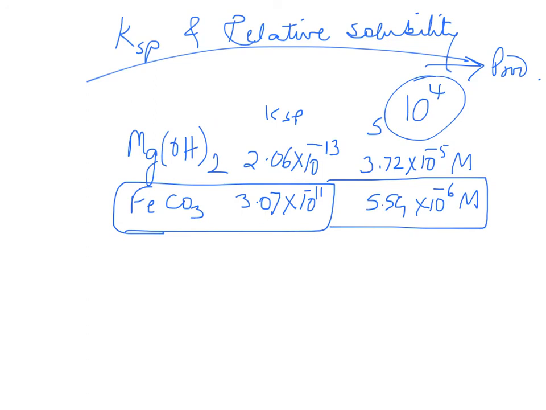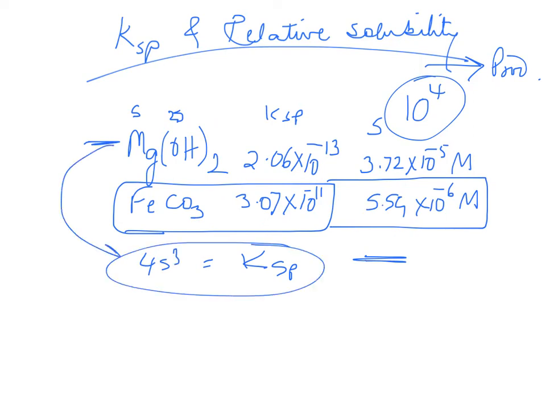The reason for that in this case is that the relationship between the KSP and the molar solubility also depends on the stoichiometry of the dissociation reaction. Realize, in the case of magnesium hydroxide, you're going to get S moles of magnesium and 2S of the hydroxide. So overall, your KSP is going to look like 4S cubed for magnesium hydroxide.